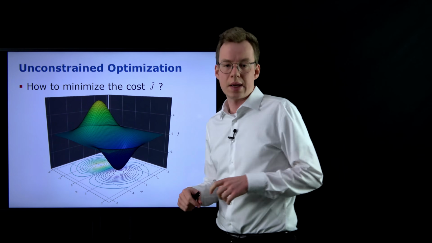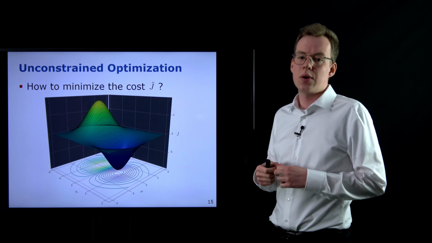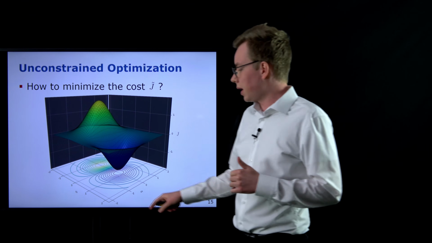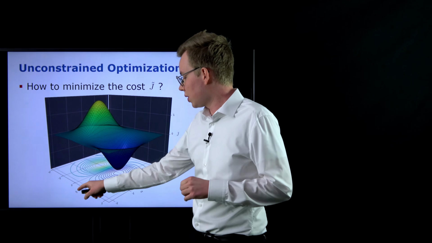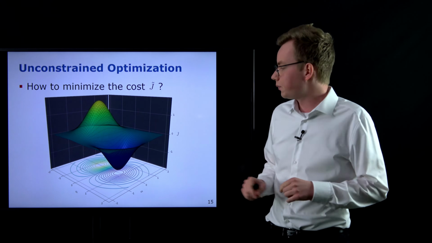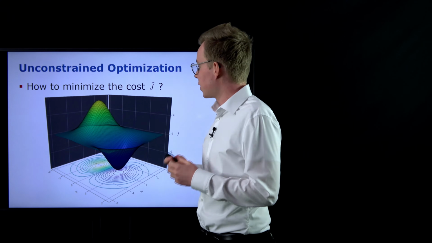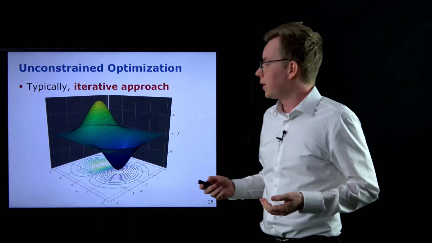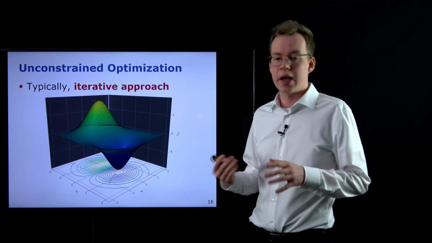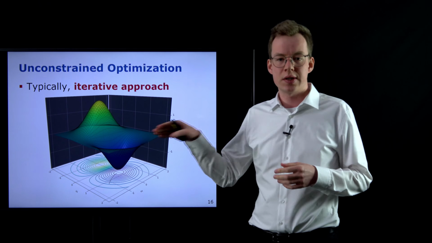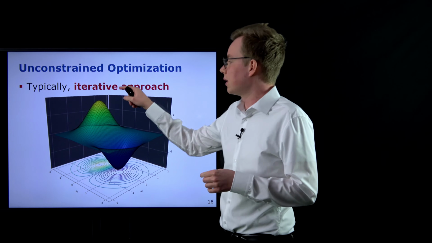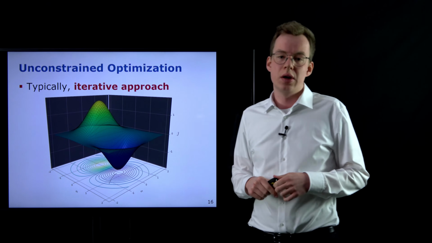Then maybe the cost looks something like this. And your task is now to minimize this cost by taking a suitable choice of these control inputs. And in general, this cannot be done analytically, so we can't just say, okay, this is the minimum, we can just step there. Instead, we have to take an iterative approach to approximating this.